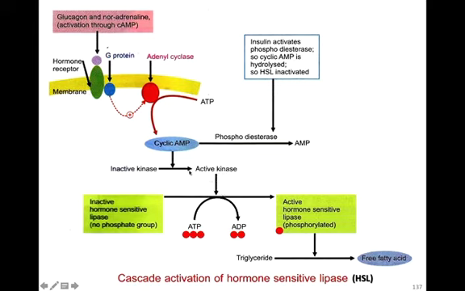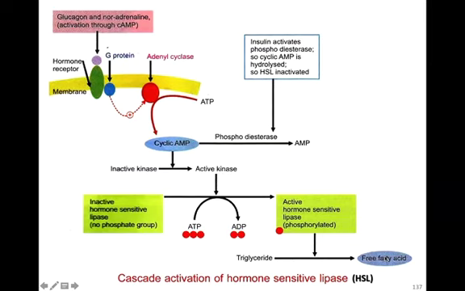So you can see here that the cyclic AMP will activate the kinase, as we have shown in the previous slide. It activates the PKA. Once this active kinase exists in the cytoplasm, it will convert the inactive hormone sensitive lipase to active hormone sensitive lipase once it is phosphorylated, which leads to the conversion of the triglyceride into free fatty acid.